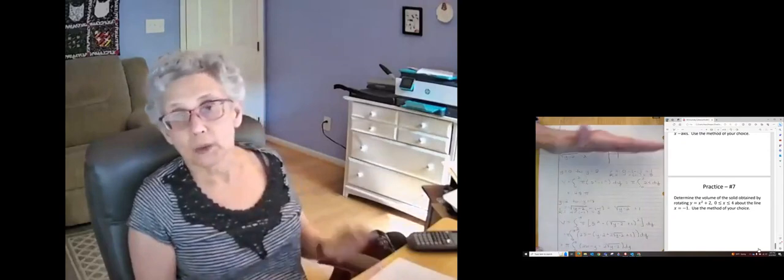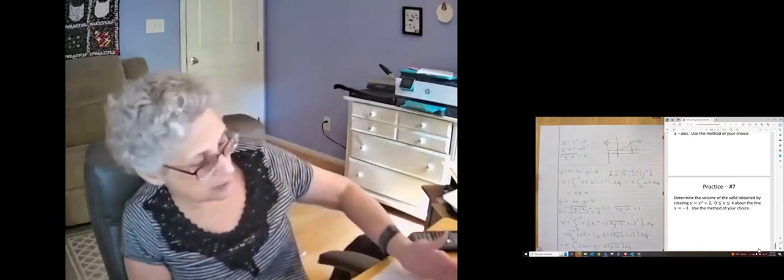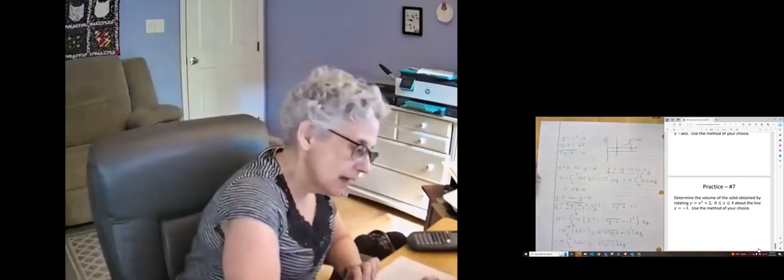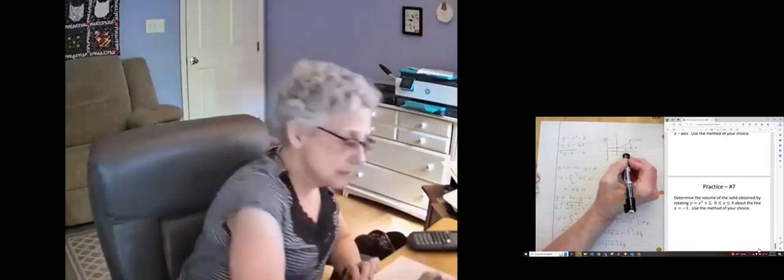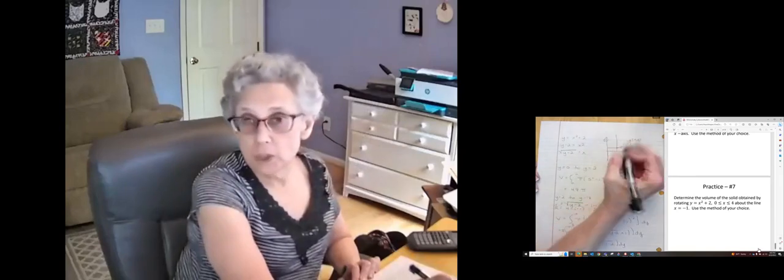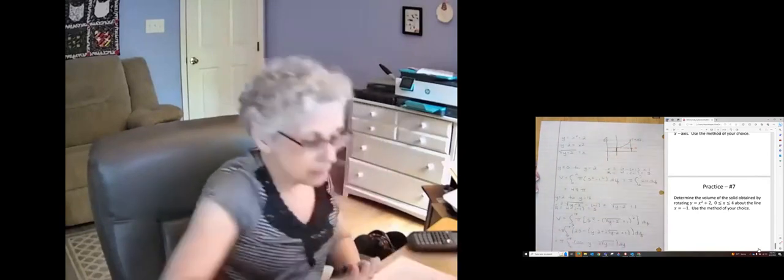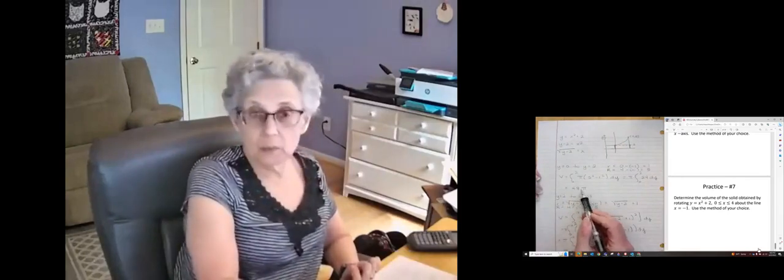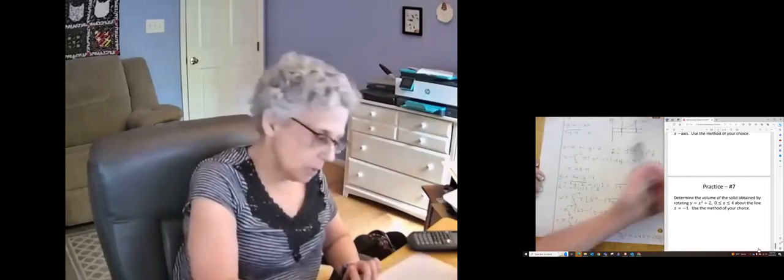If I go with my slices perpendicular to the axis of rotation, then I have to divide it into two pieces. I have this part here that's just a little donut because its inside radius is just 1, its outside radius is 5, so it has area 48 pi, volume 48 pi.